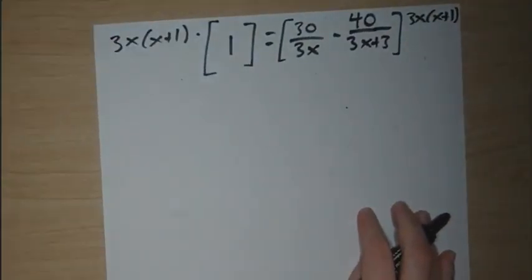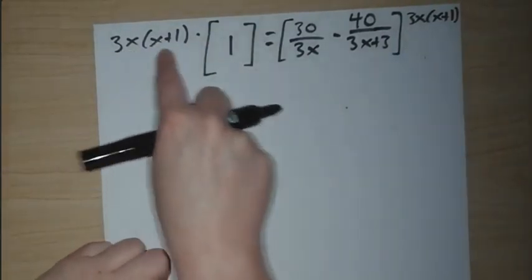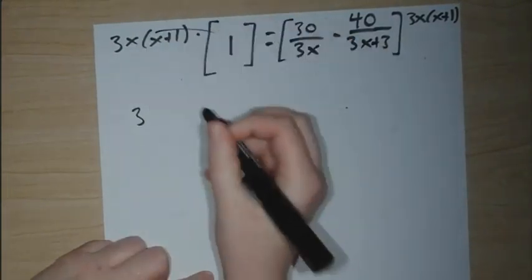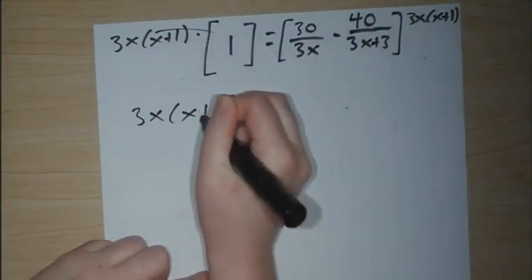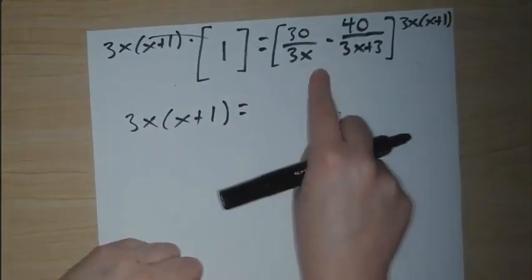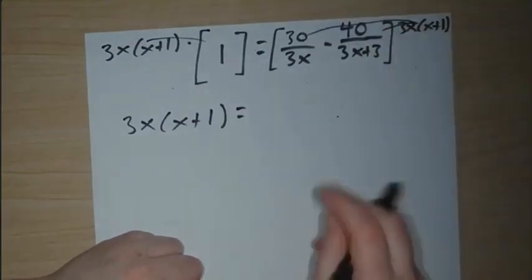Distributing through, this 1 will just make it 3x times x plus 1 on the left side of the equation. On the right side, we have to distribute this twice to these two terms.